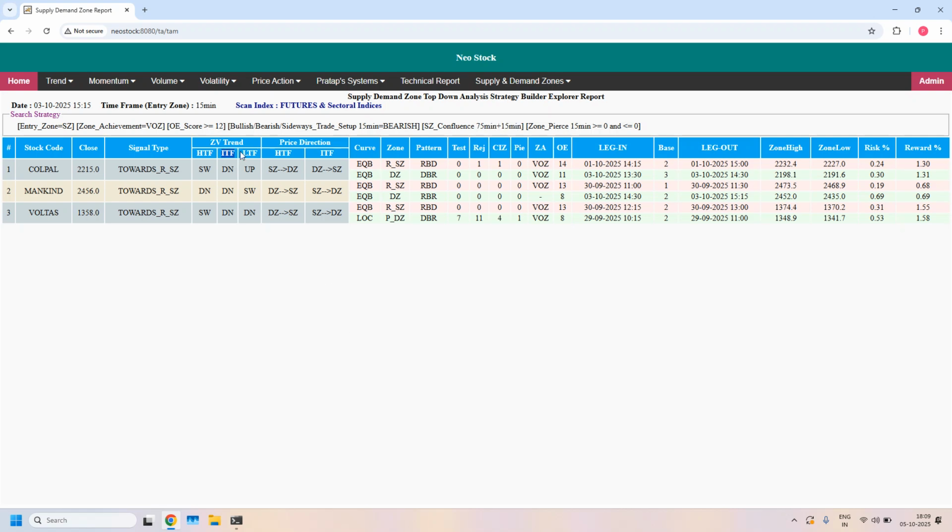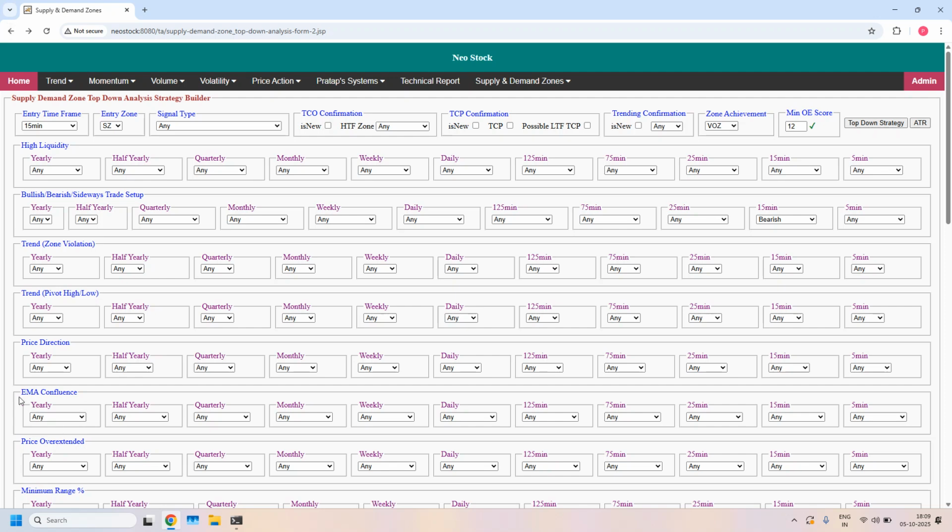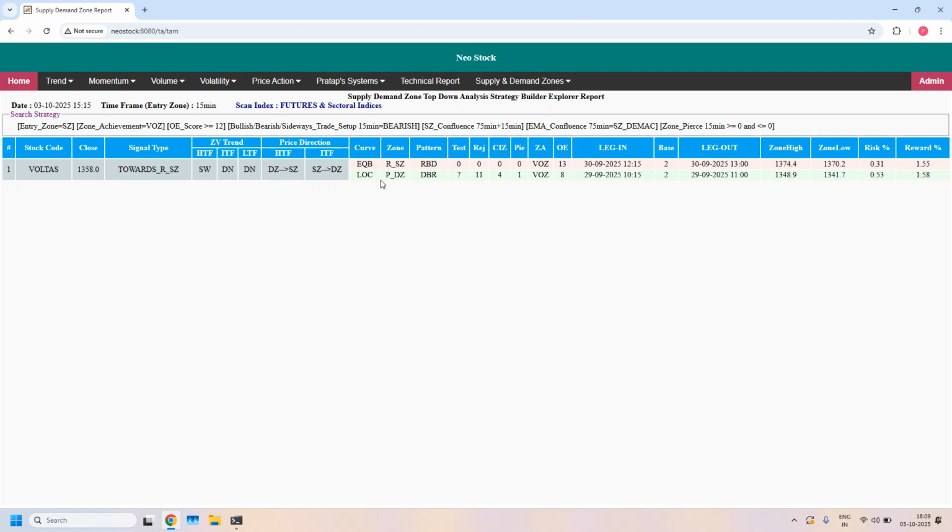And the 75 minutes trend is a downtrend in all the stocks. Let's further filter based on the 75 minute supply zone having daily EMA confluence. One stock is filtered. So this 15-minute supply zone might have more high probability to succeed, provided lesson 20 checklist items are satisfied. Otherwise, there are higher chances of zone violation.